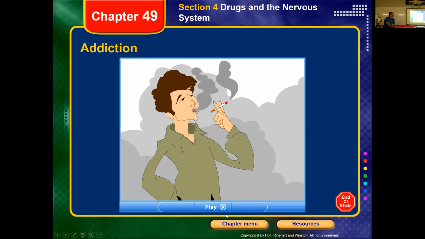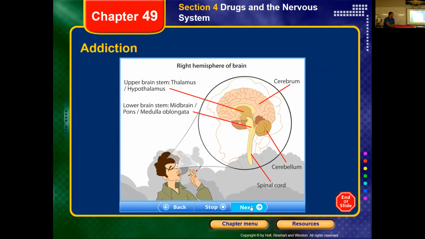This is fun. This is just nicotine. When a person is addicted to a drug, the body may have both a chemical and a psychological need for the drug. By the very nature of addiction, once a person is addicted, it is very difficult to stop. Physiologically, drugs may bind to the cells of the brainstem and make receptors less sensitive to the body's natural chemicals.